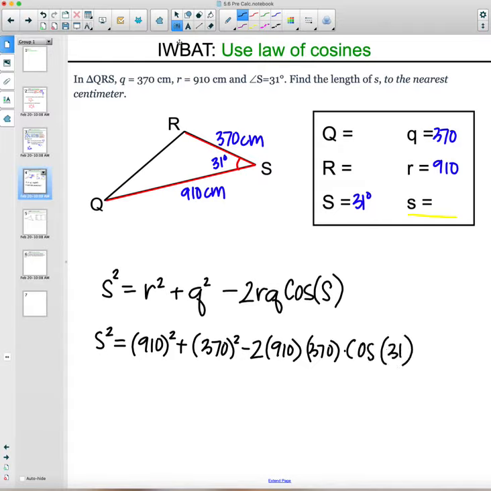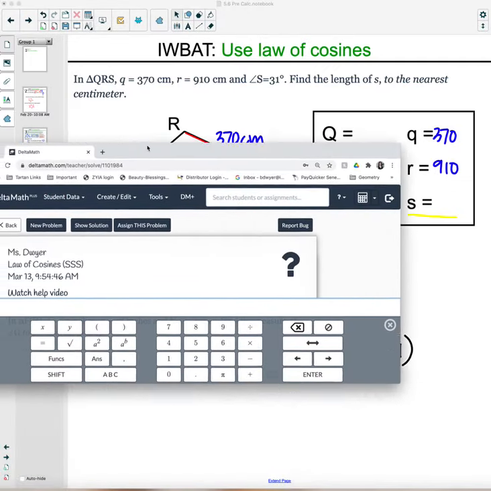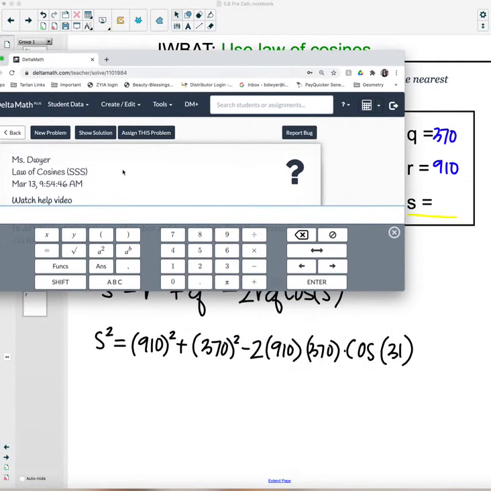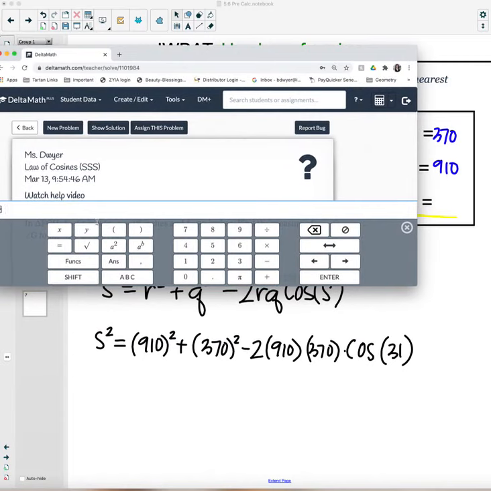When you go to calculate this, make sure that your calculator is in degree mode since our angle is in degrees. I'm just going to use the Delta Math calculator here since all of you have access to that. Our variable is way over on the left, so I can just type this in just like it looks.